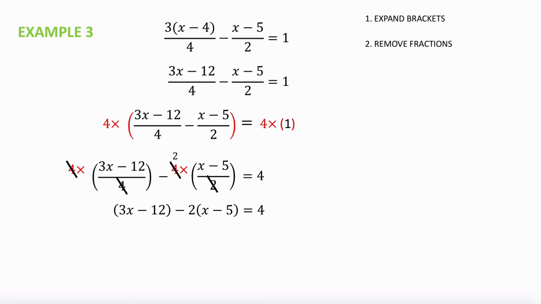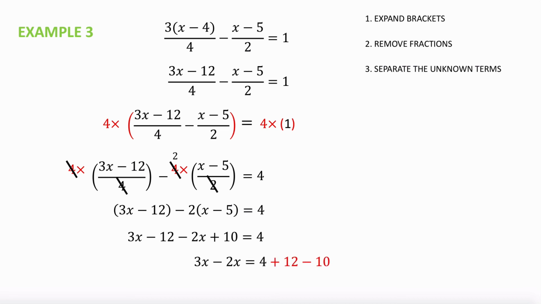I expand the brackets and I get 3x minus 12 minus 2x plus 10 is equal to 4. And now for step 3, we separate the unknown terms from the others. So I can remove the minus 12 and put it on the other side, and the positive 10 and put it on the other side of the equal sign, and I will get plus 12 and minus 10. I simplify both sides of the equation and I get x is equal to 6.